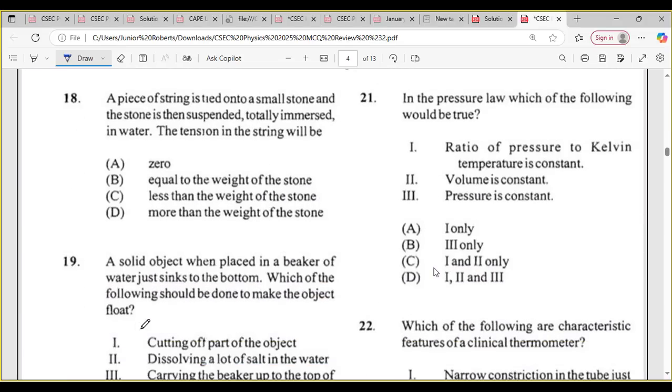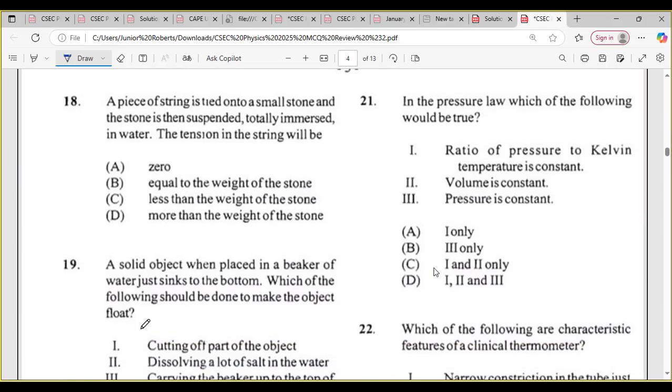All right, number 18 now says, a piece of string is tied onto a small stone and the stone is then suspended, totally immersed in water. The tension in the string will be... so what do we want to find? I want us to find out what will be the tension in the string.